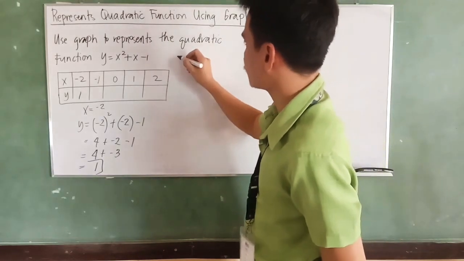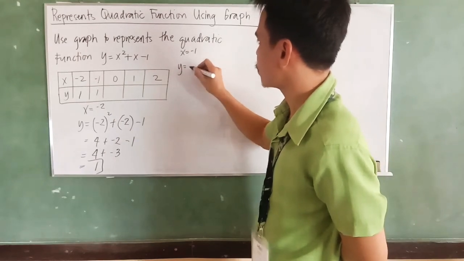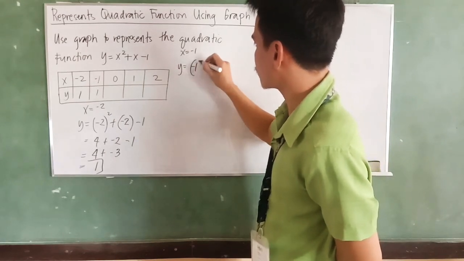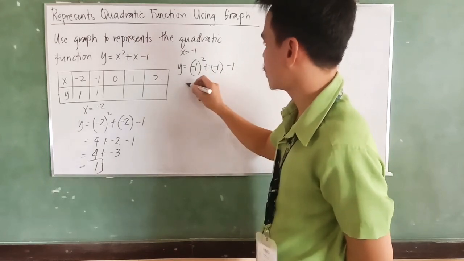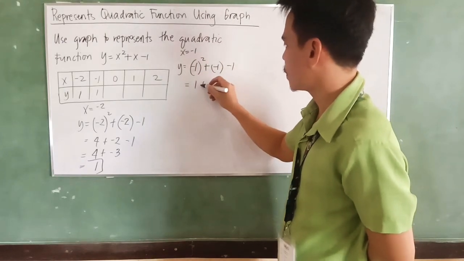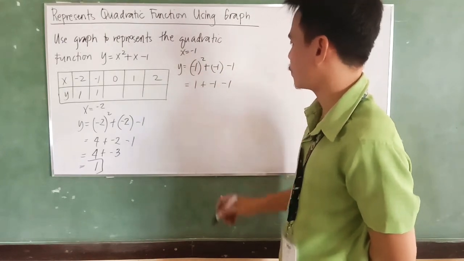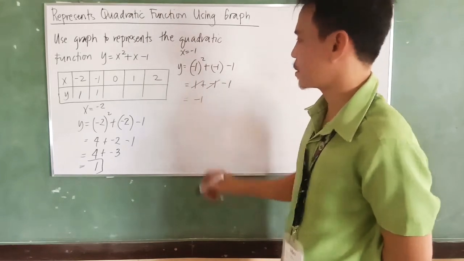So, okay. So therefore, x is equal to negative 1. So that is y is equal to negative 1 squared plus negative 1 minus 1. Your y is 1 squared negative is positive 1. Plus negative 1 minus 1. So therefore, this is negative 1.